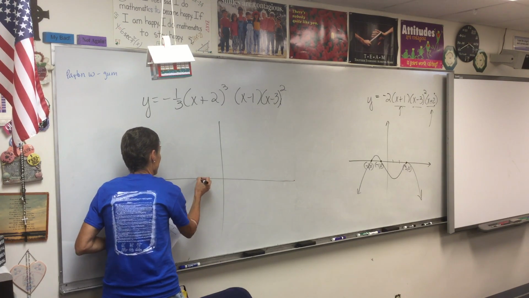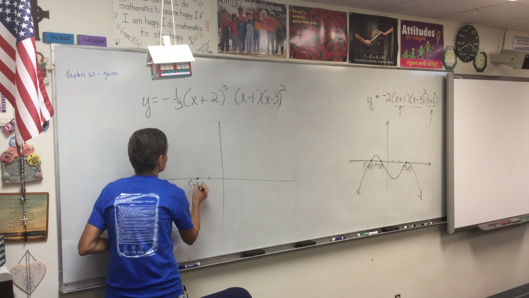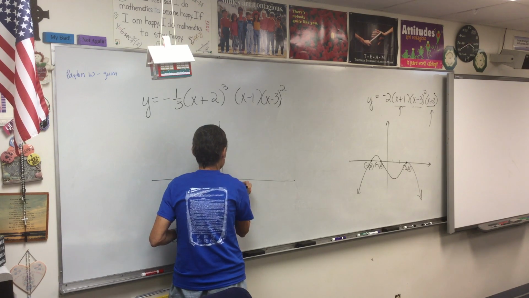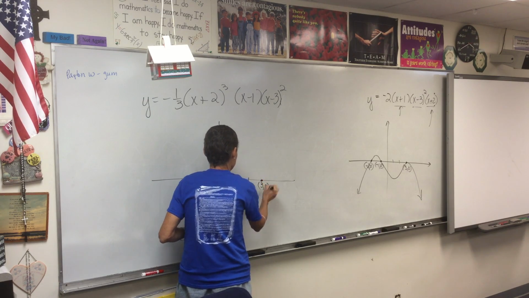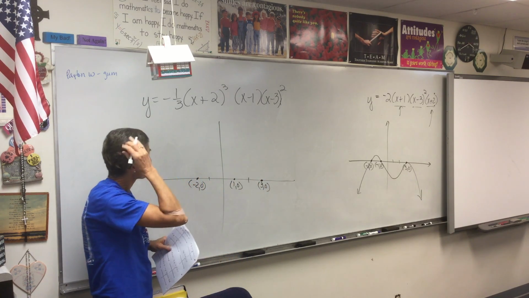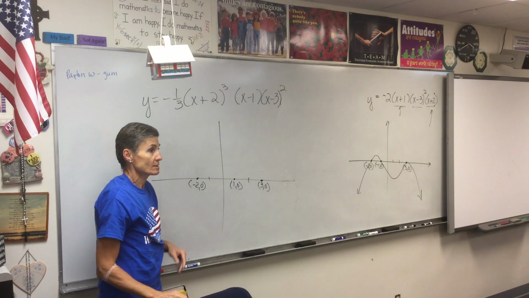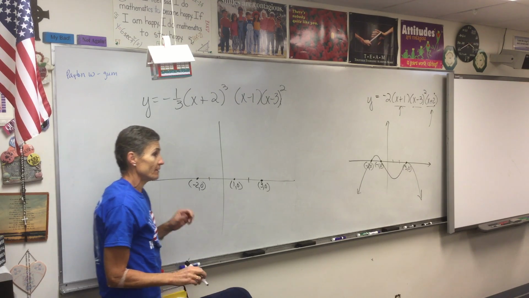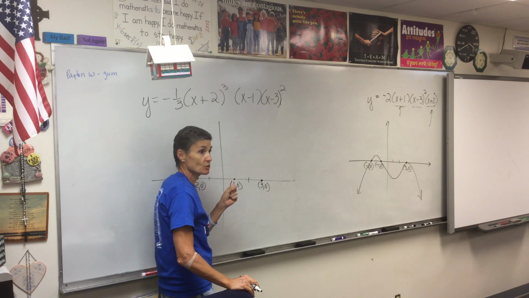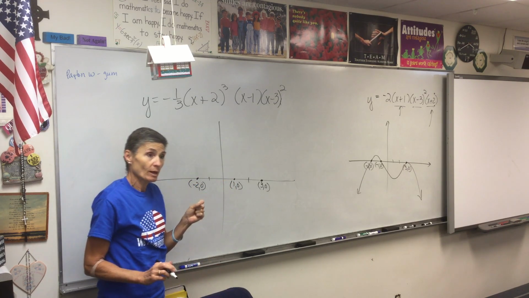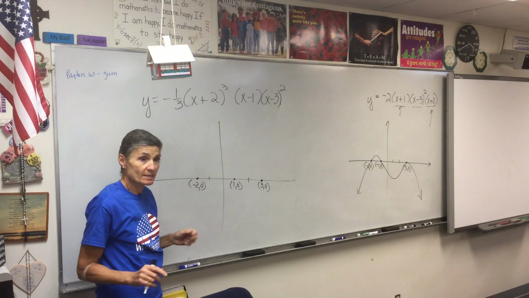So I've got zeros at -2, 1, and 3. Now, before we can start, we've got to figure out what the degree is, because the degree is what's going to determine where we start and where we stop.